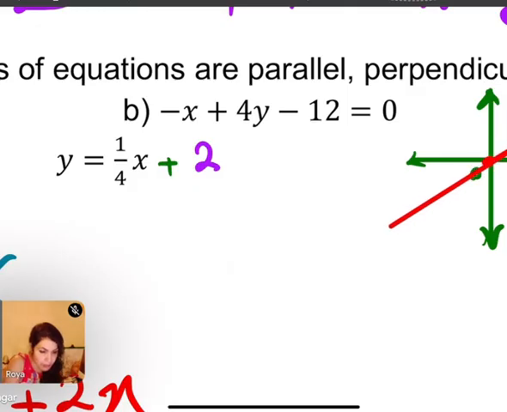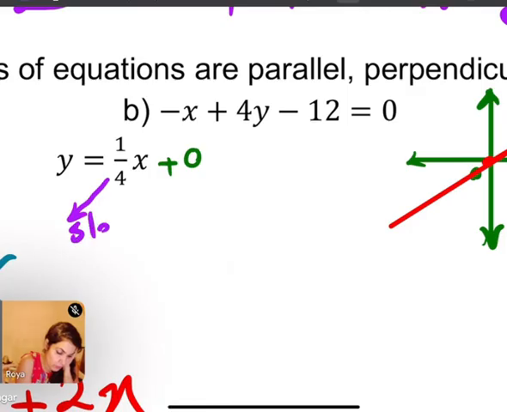But y-intercept is 0. So in this question, the slope is 1 over 4.